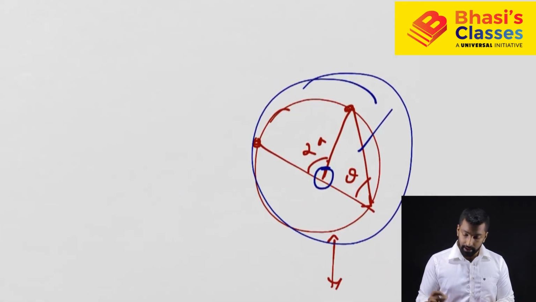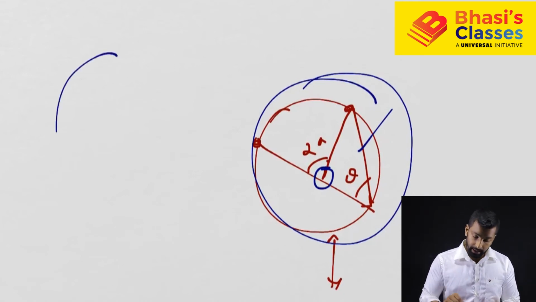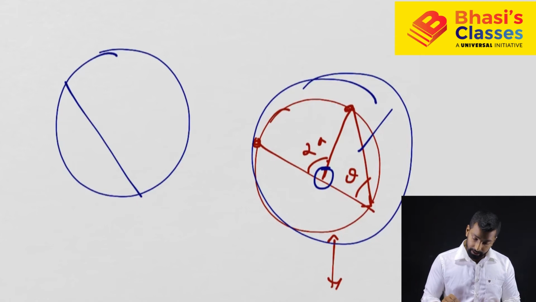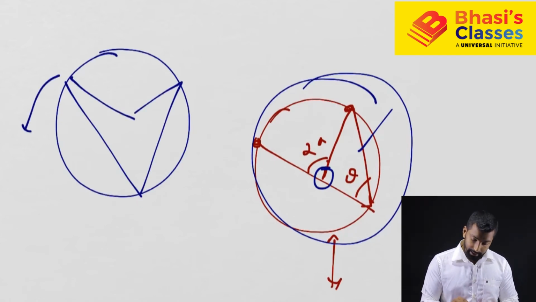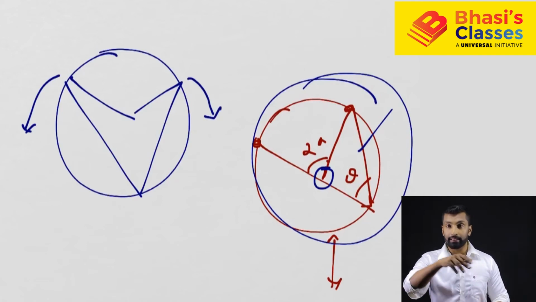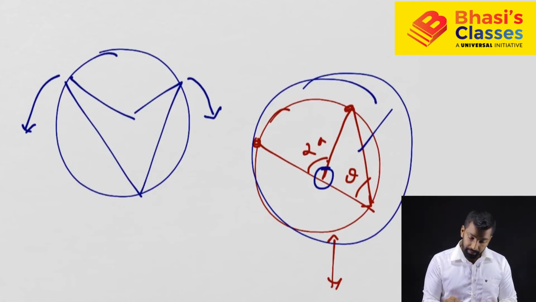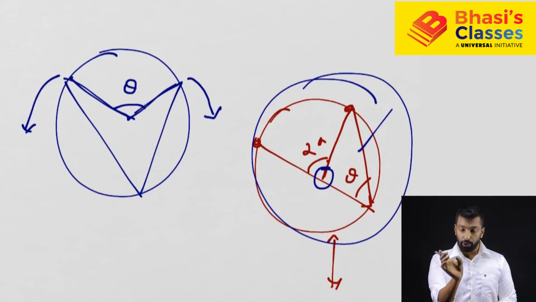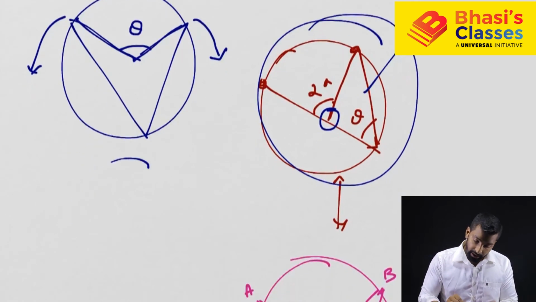Why this relation? Another property that you have learned helps you understand it easily. What you can do is stretch this wide a little to this side. So what will happen? This 2 theta angle will become the diameter. Just expand that 2 theta angle so that it becomes the diameter. Then it will look like this.